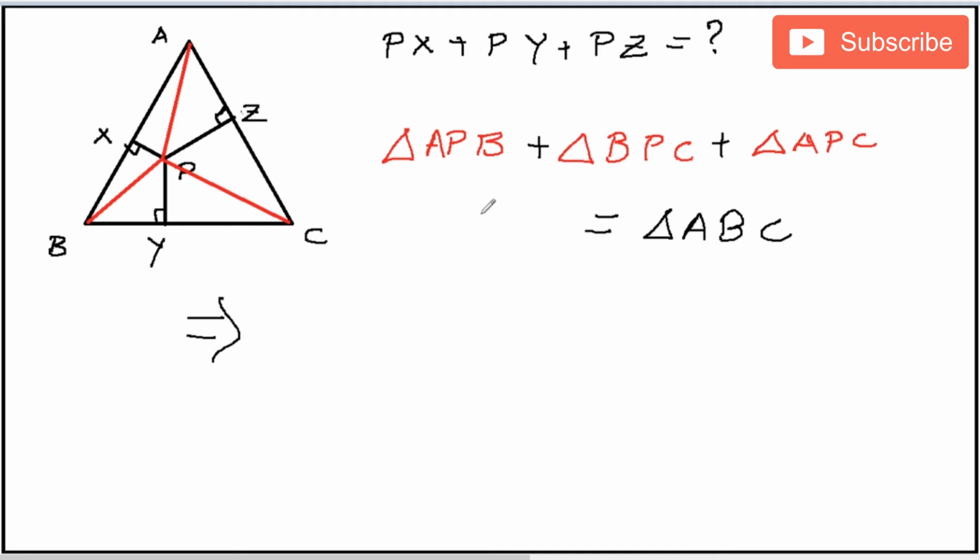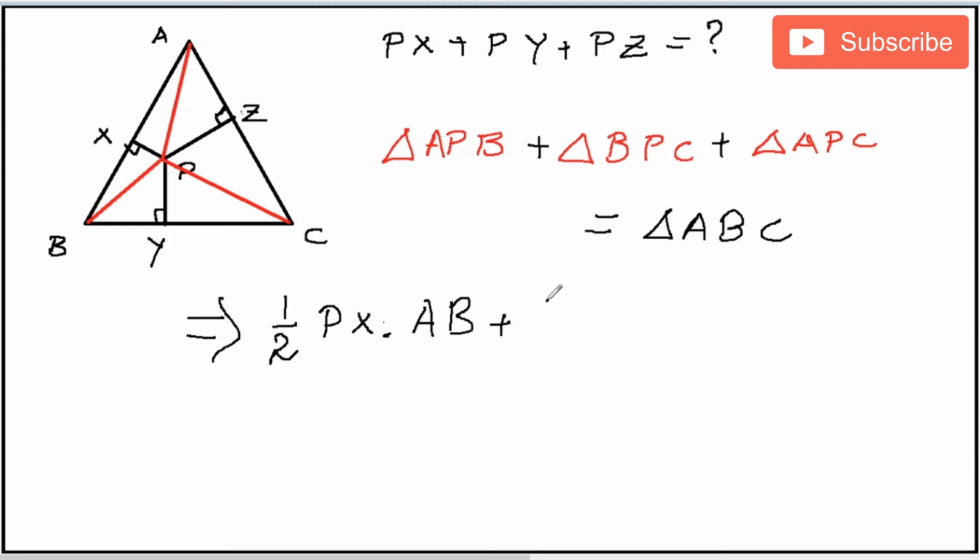Now if I look at each of these triangles, APB, BPC and APC, I have got an altitude of each of these triangles present in the figure right now, because an altitude is a perpendicular drop from one vertex onto the opposite side. So for triangle APB, PX is an altitude, which means triangle APB's area can be written as half into PX into AB.